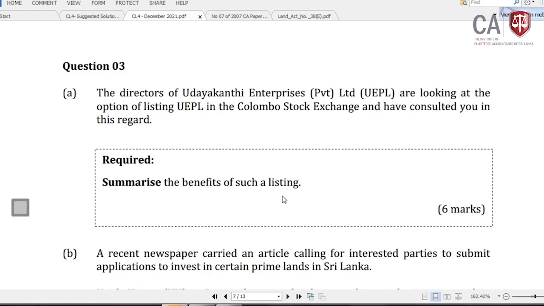You can't publicly invite outsiders to invest in your company. You can't advertise, you can't market if you are a private limited company. So, you have to issue shares and debentures to known parties. Privately, you can issue shares and debentures.